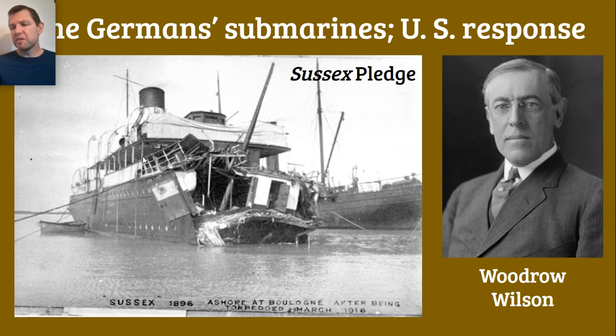So for the Germans, the promise that they made was, we won't attack any neutral ships. We will not allow our submarines to torpedo any neutral ships. So American ships are safe. And if our submarines are to torpedo any ships, first they will surface and give warning so that the crew and the passengers can abandon ship.